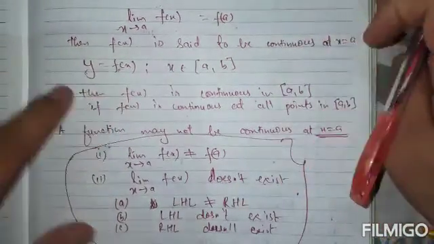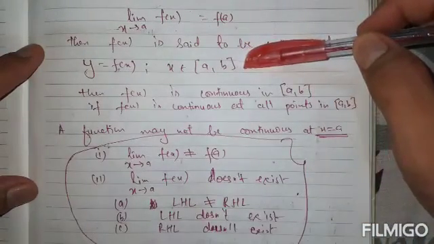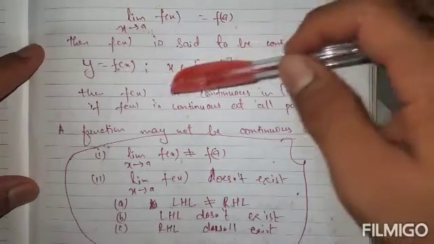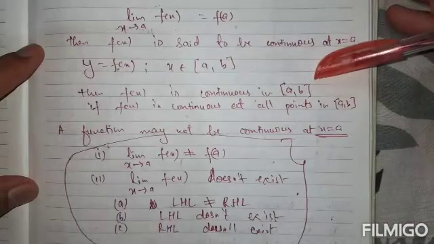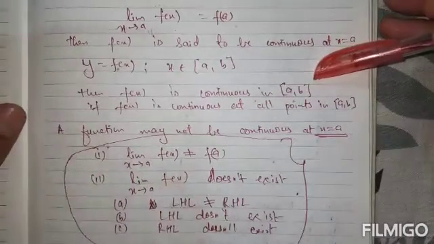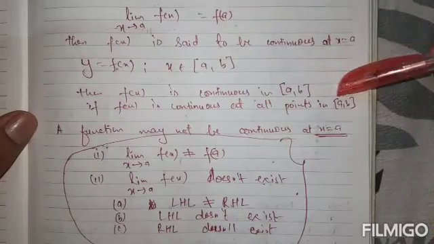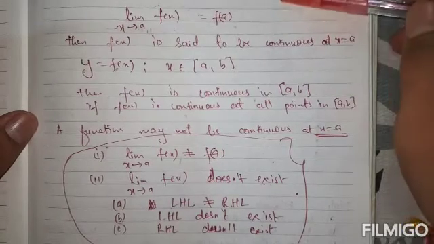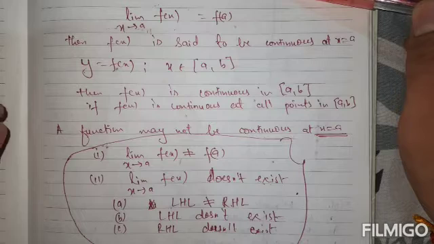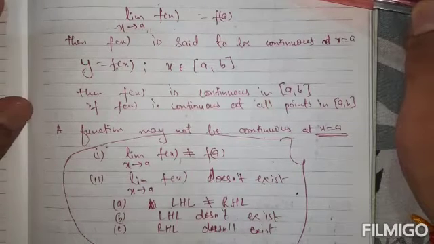Suppose y is equal to f(x) is a function defined in an interval x belongs to a to b. Then f(x) is continuous in the interval a to b if f(x) is continuous at all points in (a, b). It means if the function is continuous everywhere, at all points in this interval a to b, then we say that the function is continuous in this interval.